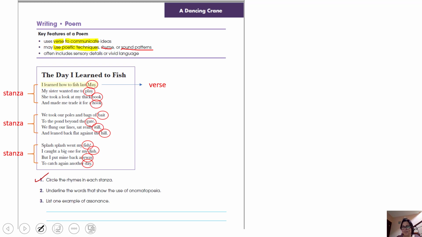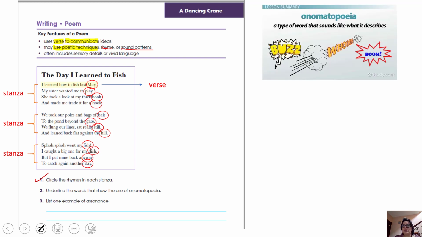So what is that? Here I have it, and I want you to copy this in this part of your book. Copy what is onomatopoeia. It says that onomatopoeia is a type of word that sounds like what it describes. For example, if you are describing the sound of a bee, how are you going to say that?